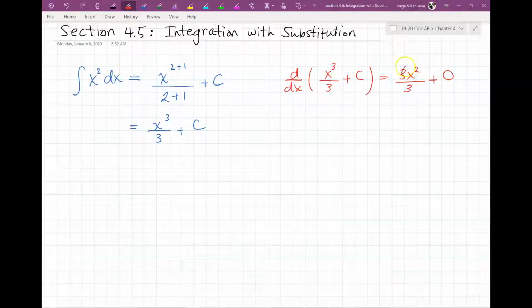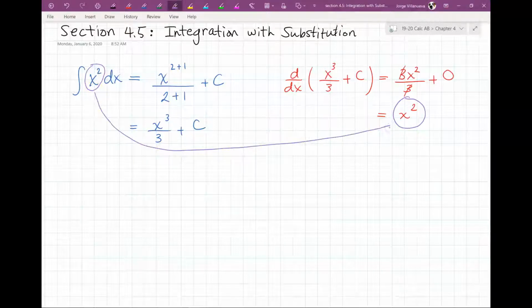Now if you reduce your 3's here, all we have is x squared. And you should notice that this x squared is found right here. So they should match. Whenever you take an integral, if you want to check your work, just take a derivative of it and it should give you where it was at first.